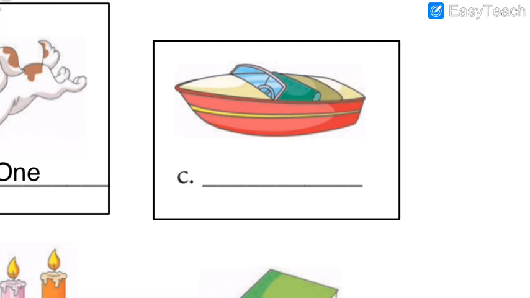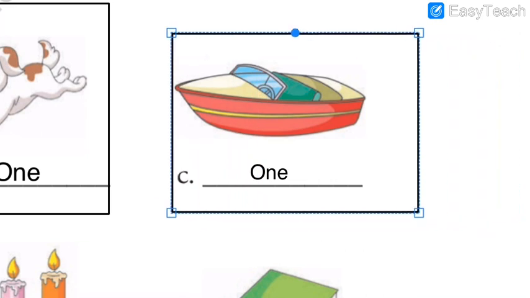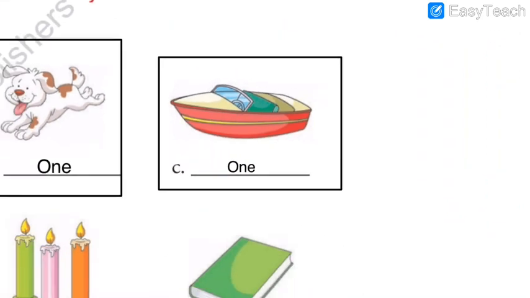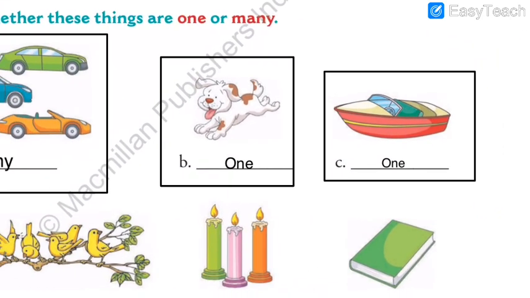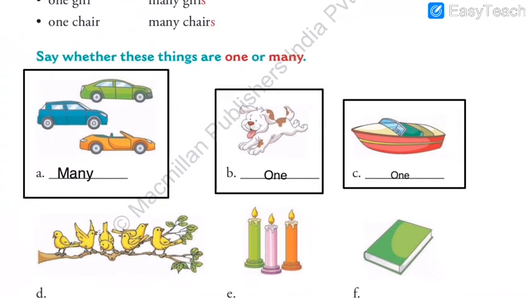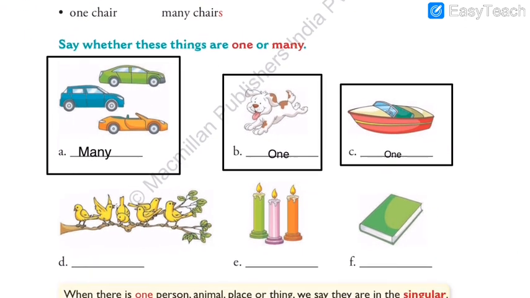This boat might be standing on the land, might be under construction, or you never know. But anyways, we are just going to count it here. There is only one boat, right? So the answer is 1. Wow. So we successfully solved the 3 blanks here.